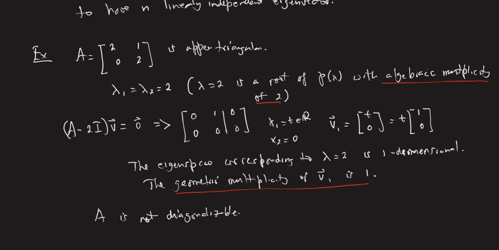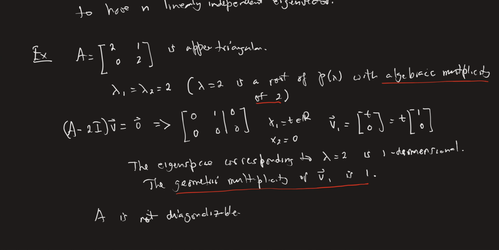So I'm just going to summarize. I'm not going to write this down, but I'm going to say a couple things. For a matrix to be diagonalizable, there has to be n linearly independent eigenvectors. And one way to ensure that is that you have n distinct eigenvalues. Then your matrix is diagonalizable.